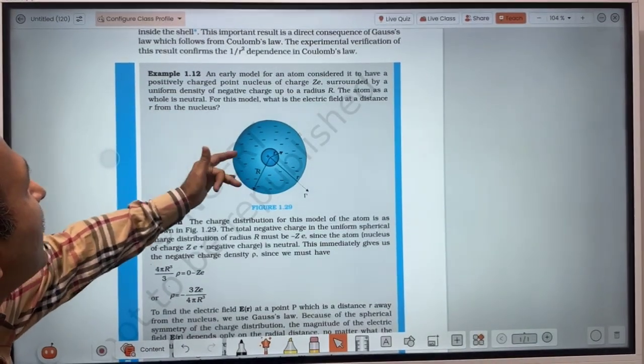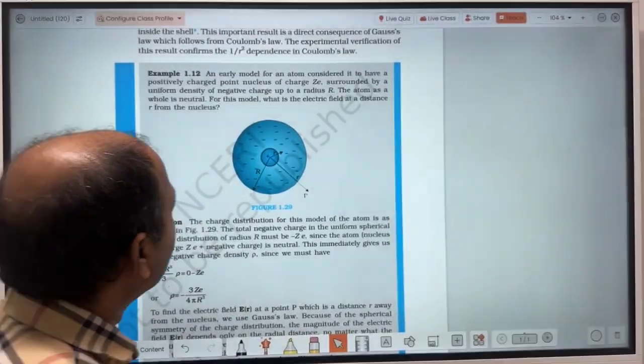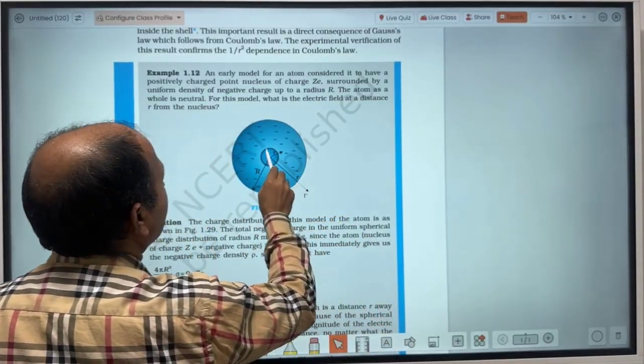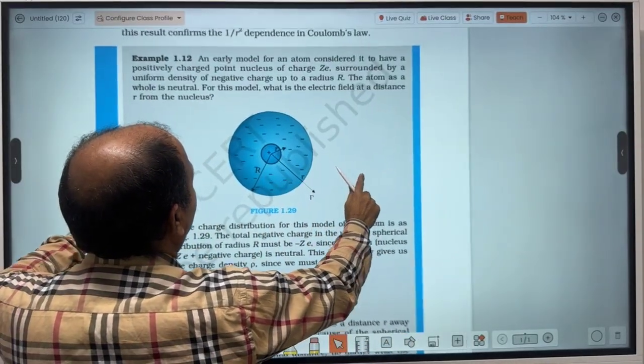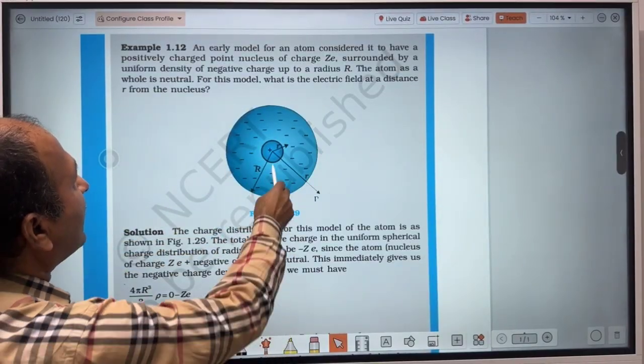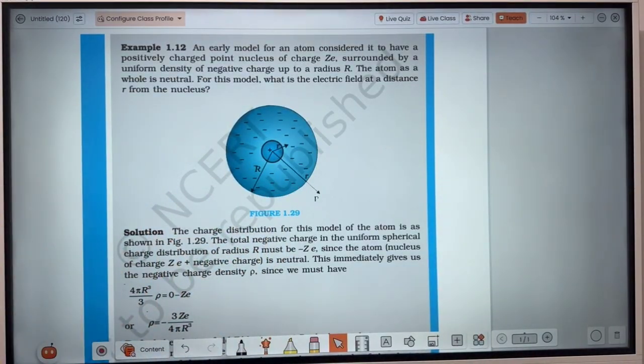For this model, what is the electric field at distance r from the nucleus? So here the entire positive charge is concentrated at this point. Positive charge is here and negative charge is distributed throughout the volume.